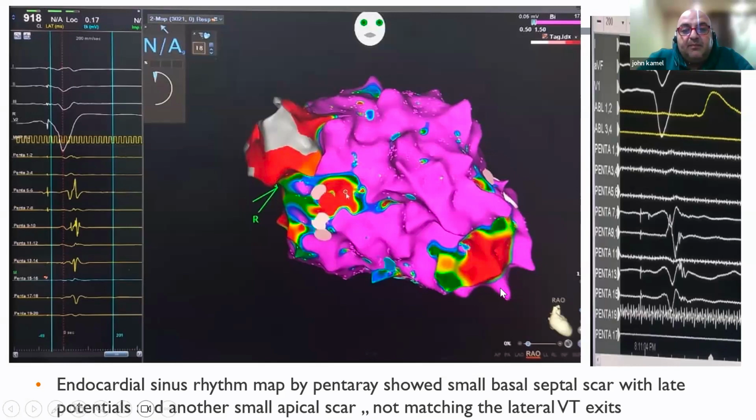The map was clearly of good voltage, except for two areas of scar. The first one is the apical, a small scar in the apex, and the second one is the basal septum, at the His region.